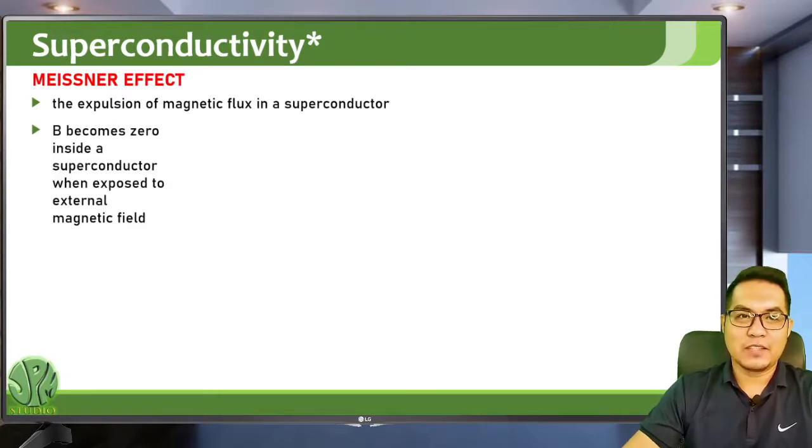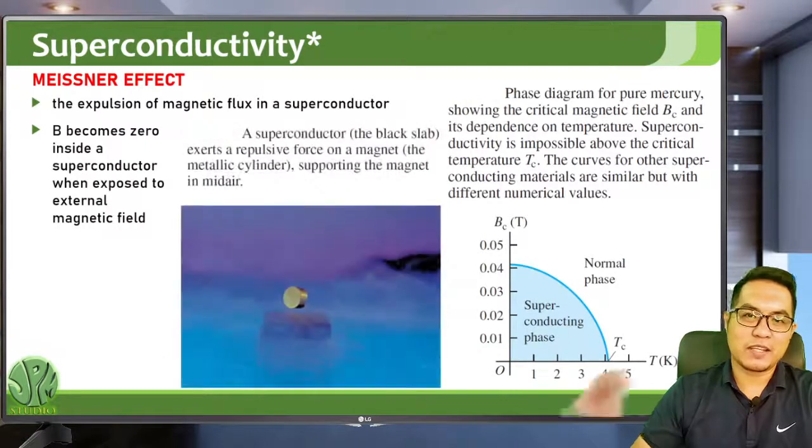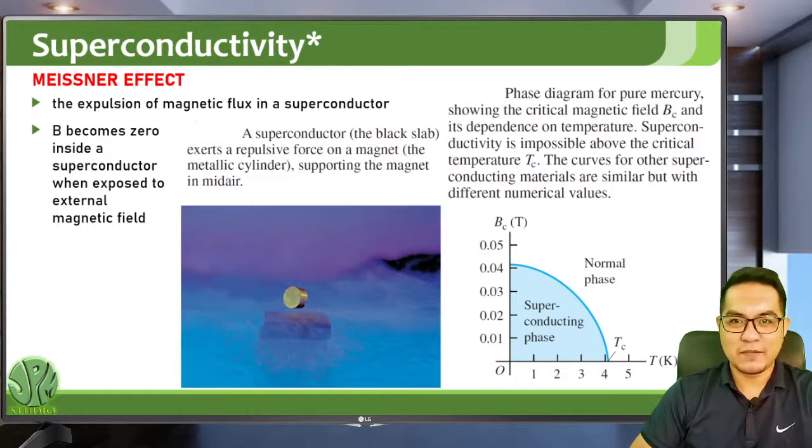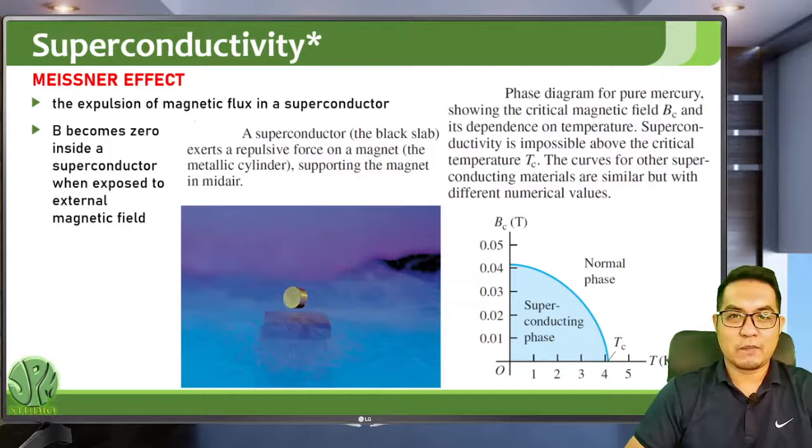So the magnetic field becomes zero inside the superconductor when exposed to an external magnetic field. This happens at a critical temperature, Tc. If you lower the temperature of a normal conductor, there comes a certain temperature, called the critical temperature, wherein it becomes superconducting.